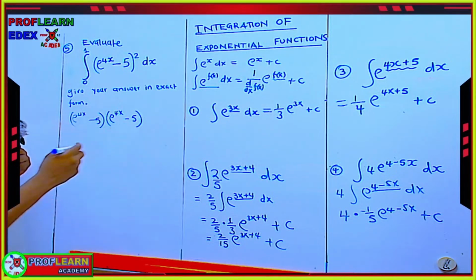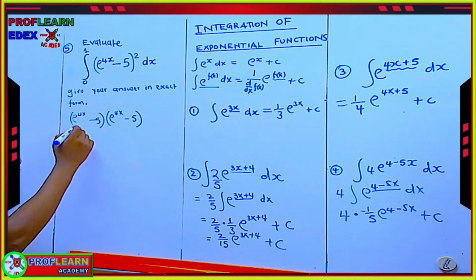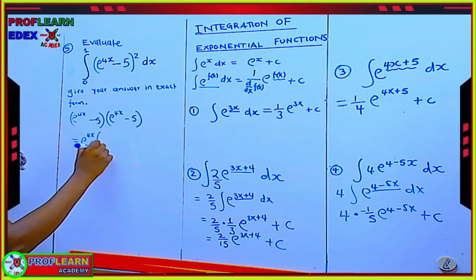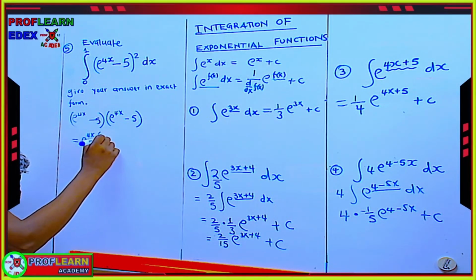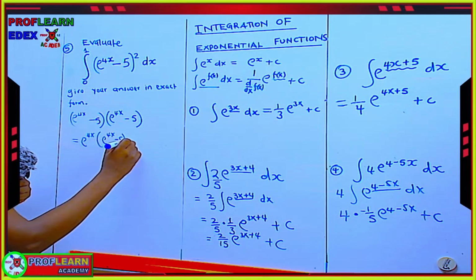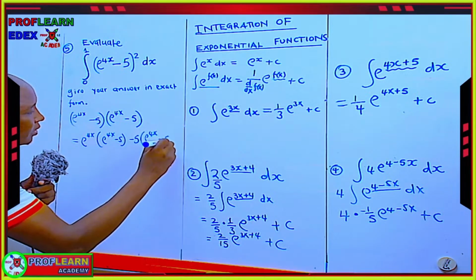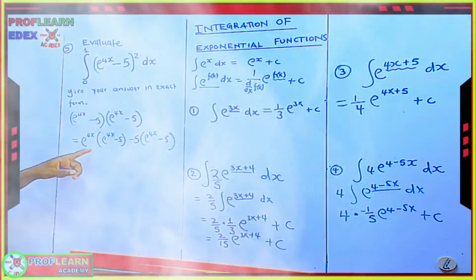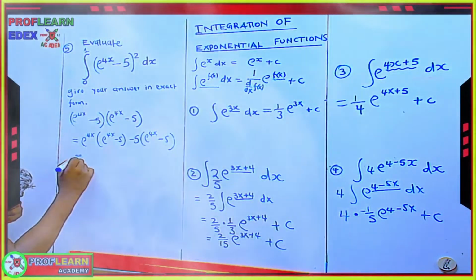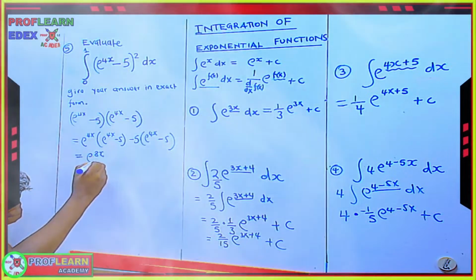If we open the bracket here, we are going to say this is e to the power 4x into e to the power 4x minus 5, then minus 5 into e to the power 4x minus 5. So opening this bracket, we are going to have this equivalent to e to the power 8x.